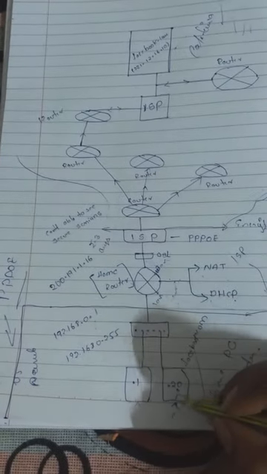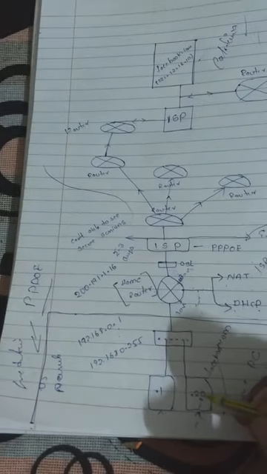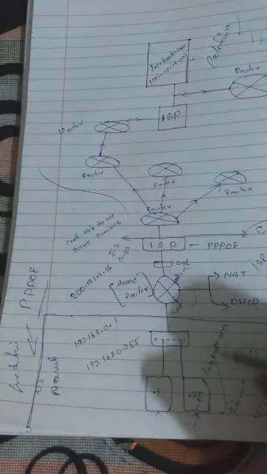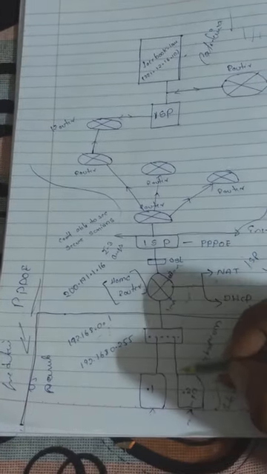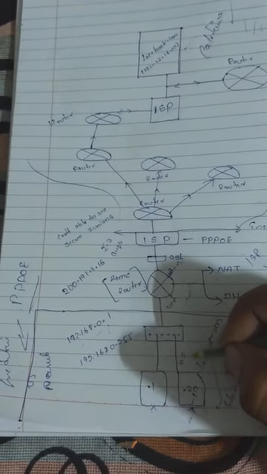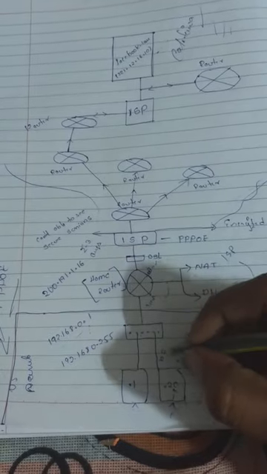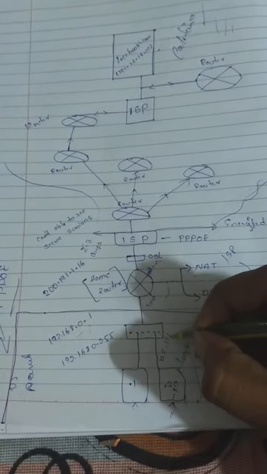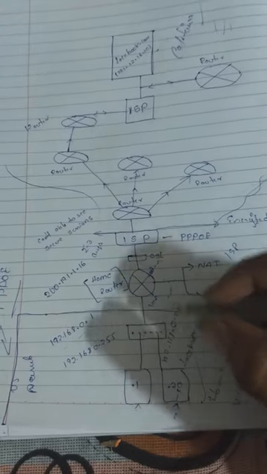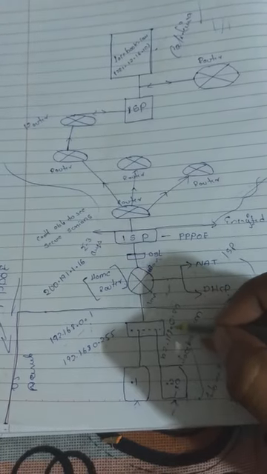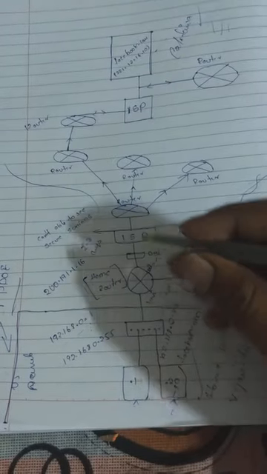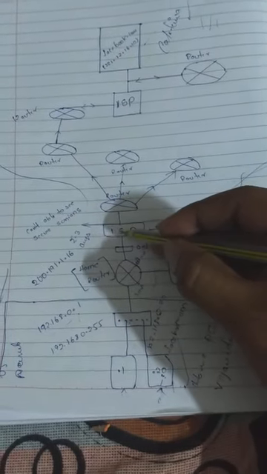So my PC, dot 20, is nothing but 192.168.0.20. I did not assign it, I got the IP by DHCP. So when I make a request, it will be forwarded via the switch and to the router and to my ISP.